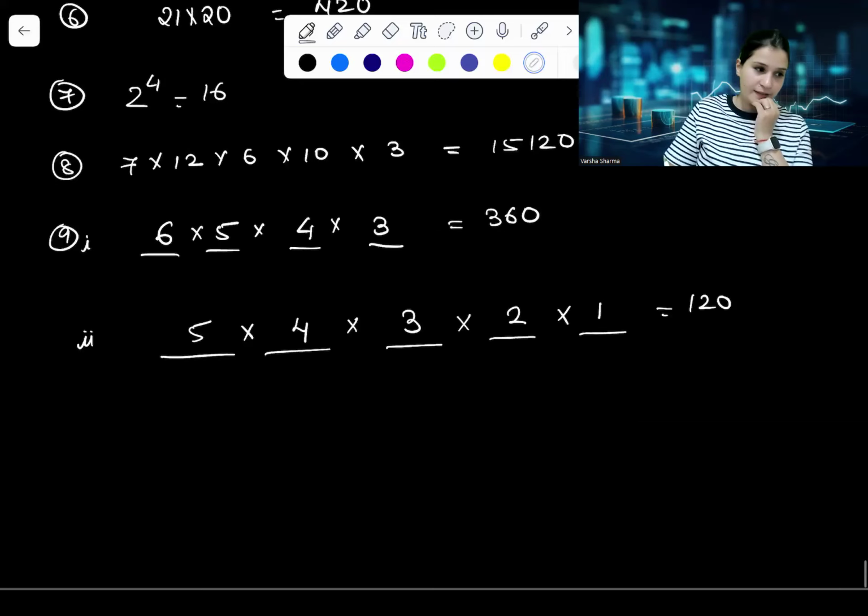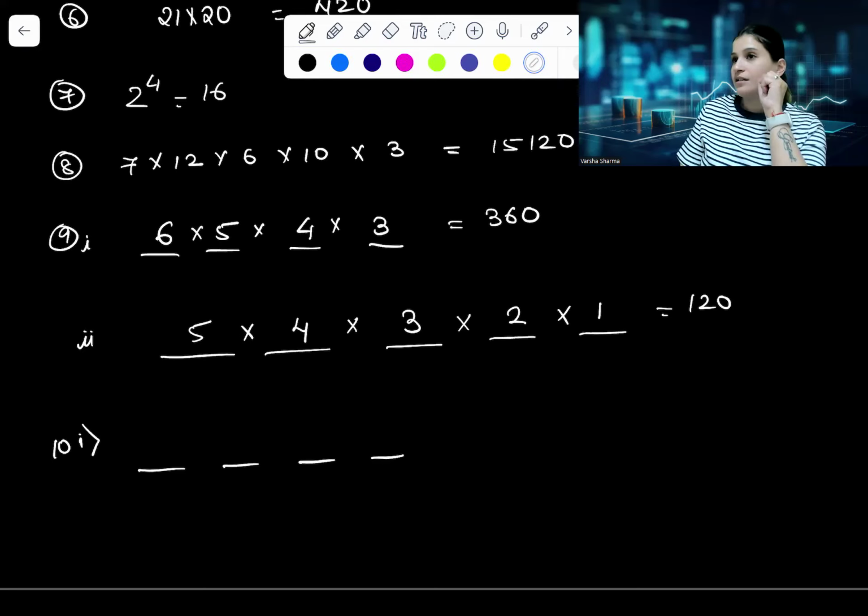How many 4-letter code words are possible using the first 10 letters of the English alphabet? First, no letter can be repeated. So I want to form a 4-letter word, and I have 10 letters total to choose from. The first letter can be chosen in 10 ways, the second in 9 ways, then 8, and 7.